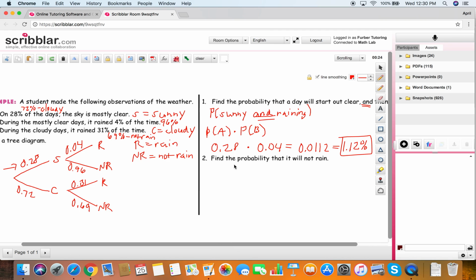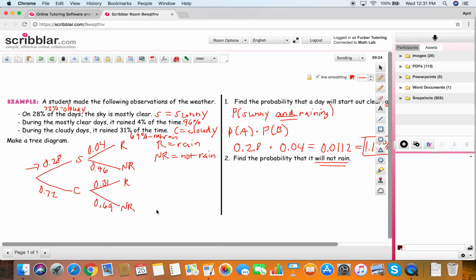Now, the second example says find the probability that it will not rain. Okay, well, there are two conditions in which it might not rain.